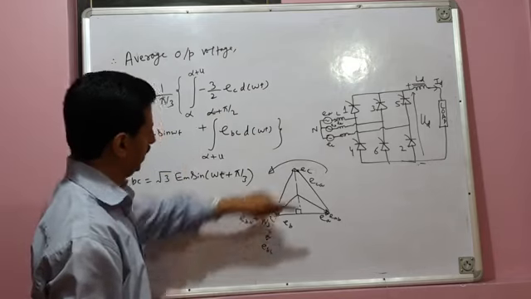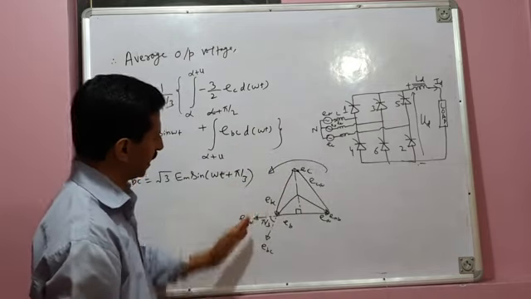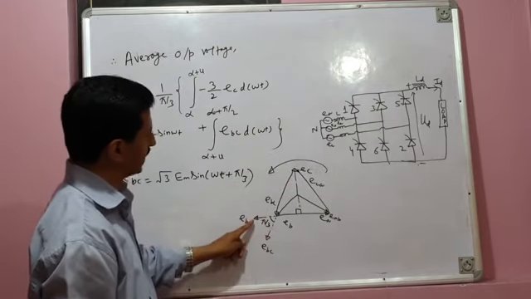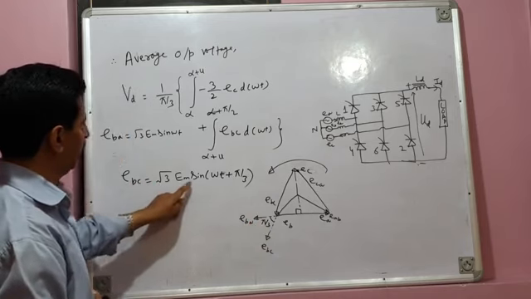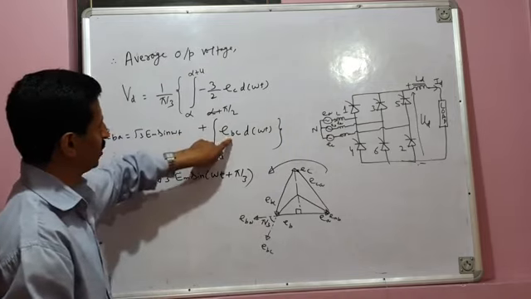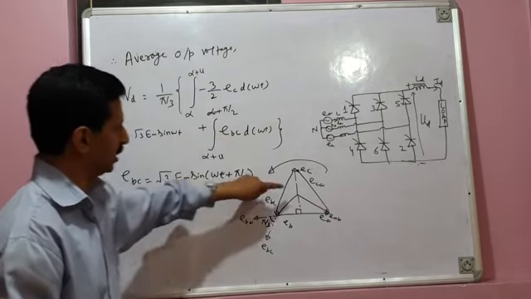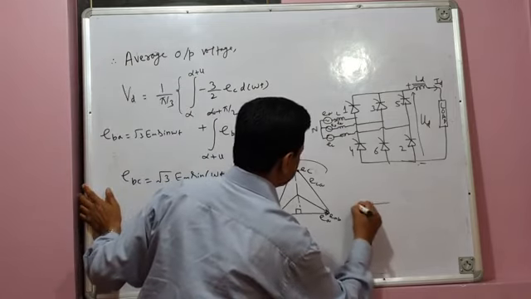Now all the phasors are rotating in the counterclockwise direction. So you can see EBC leads EBA by pi by 3. So that's why I have written EBC is equal to root 3 Em sin of omega t plus pi by 3. So I have got the expression for EBC. What about EC, phase voltage? This is my EC. Now you can see here, this is your EBA.